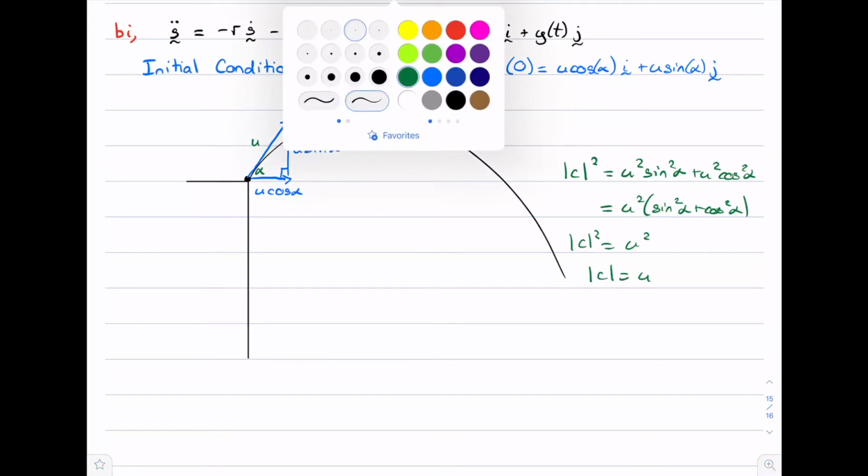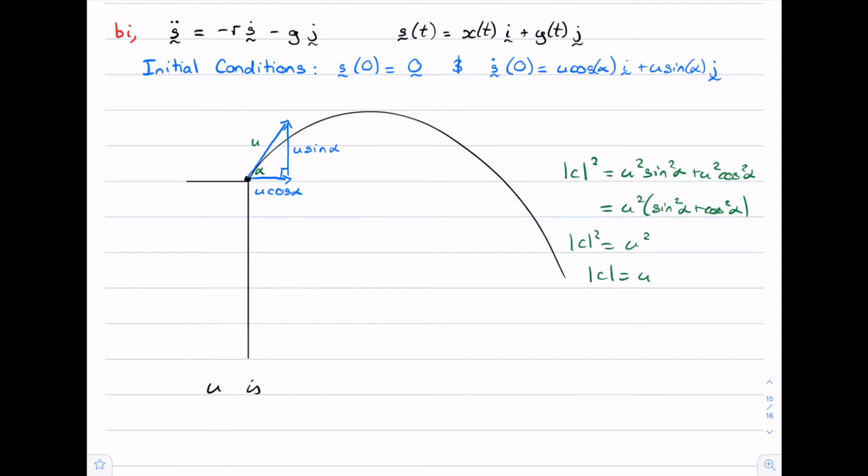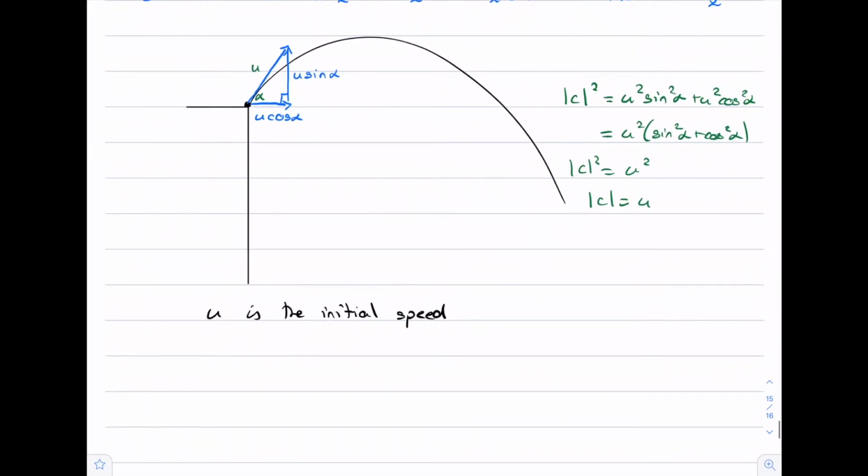So if I want to write my answer, I will say u is the initial speed. Again, we want to use speed here because we're only talking about magnitude. And alpha is the angle between the initial velocity vector and the horizontal.